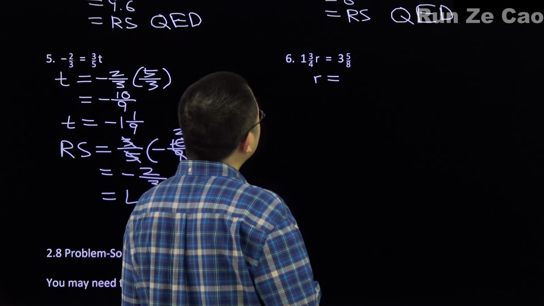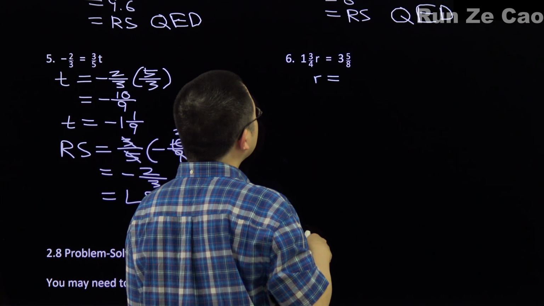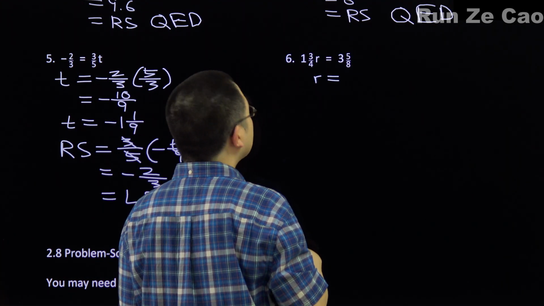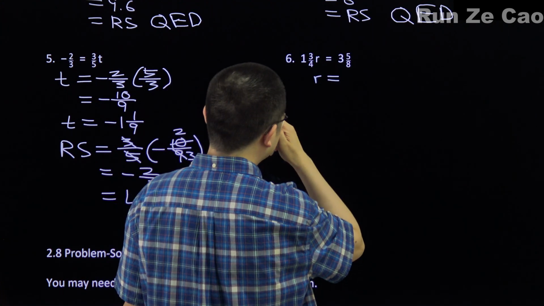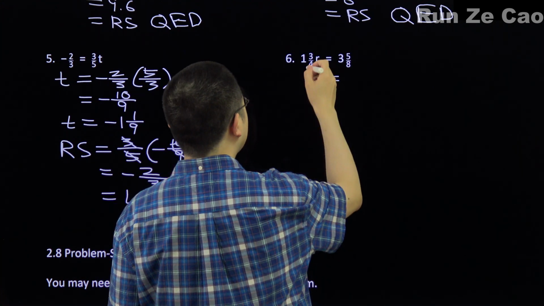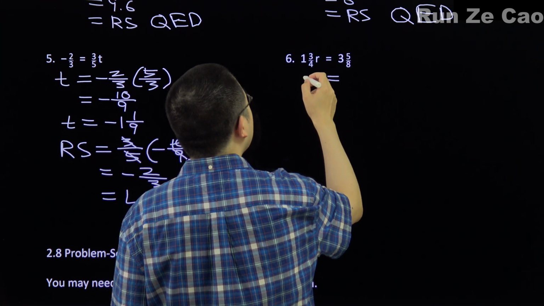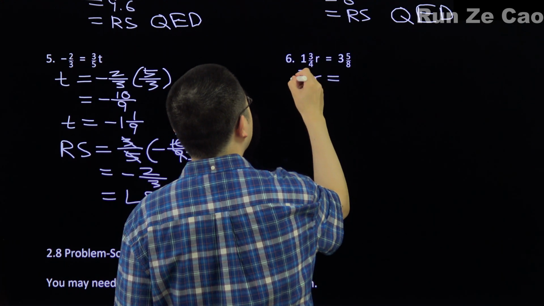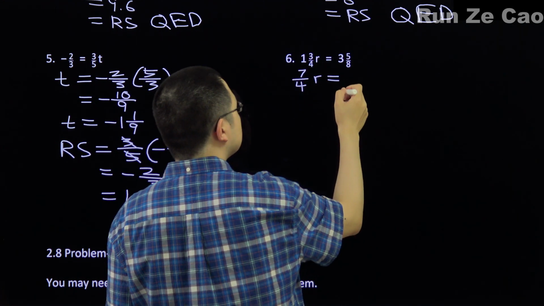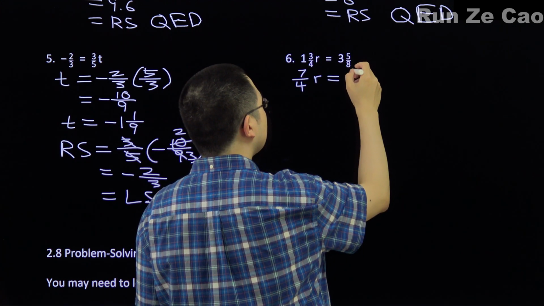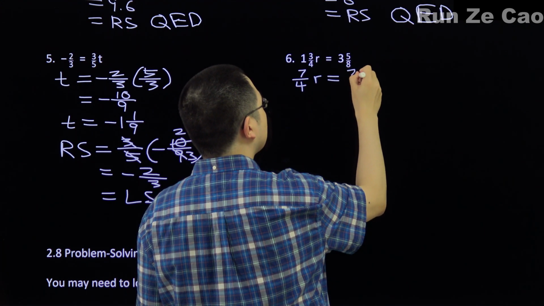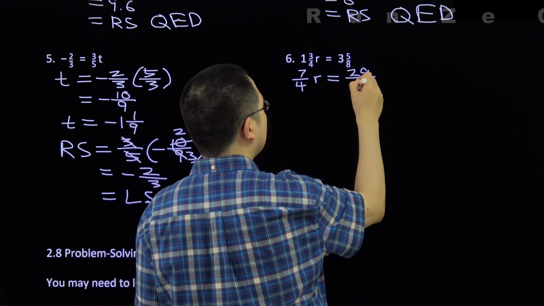So, what you have here is a bunch of mixed fractions. You don't want there to be any issues when you're moving them around, so you might as well convert them to improper fractions before you make any adjustments. 1 3/4 is 7 over 4, which is equal to 3 times 8 is 24, plus 5 is 29 over 8.